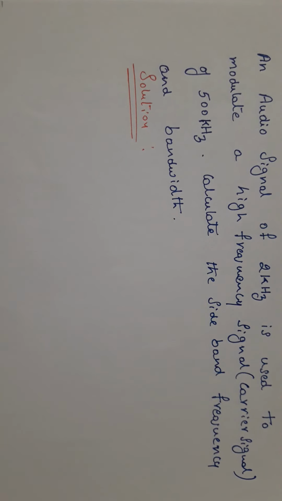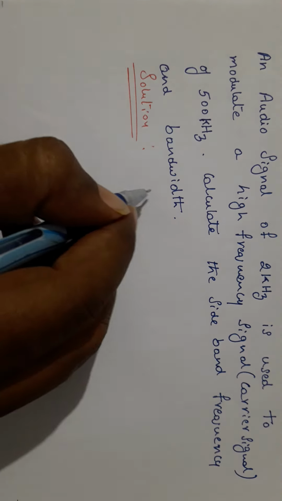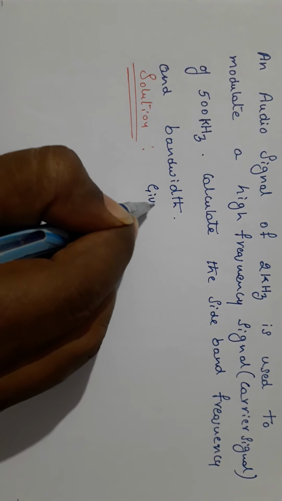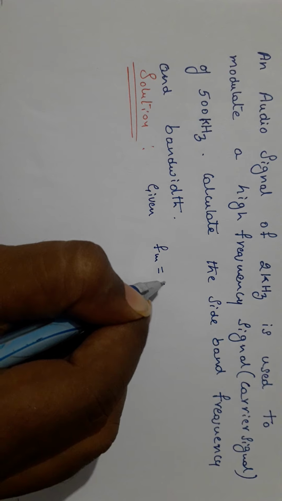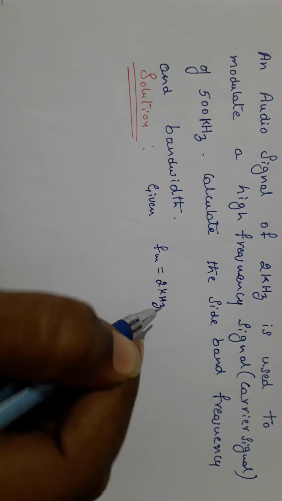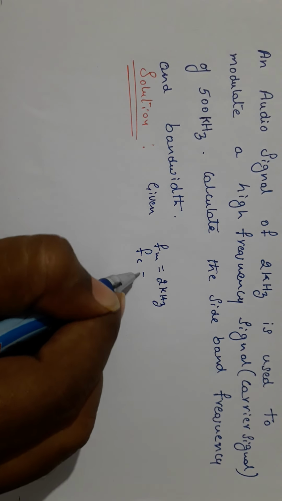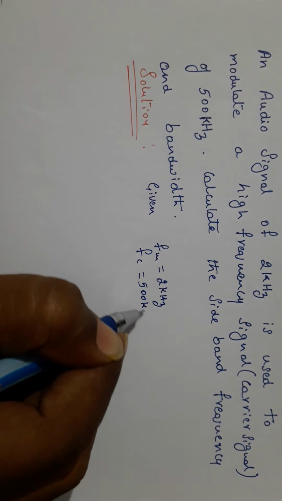Next problem. An audio signal of 2 kilohertz is used to modulate a high frequency signal of 500 kilohertz. Calculate the sideband frequencies and bandwidth. Solution. Given Fm equals 2 kilohertz, Fc equals 500 kilohertz.